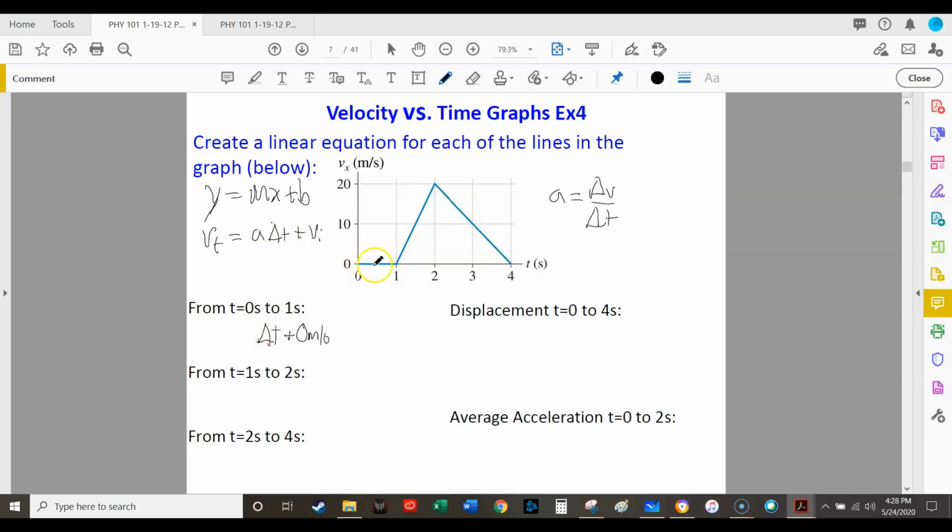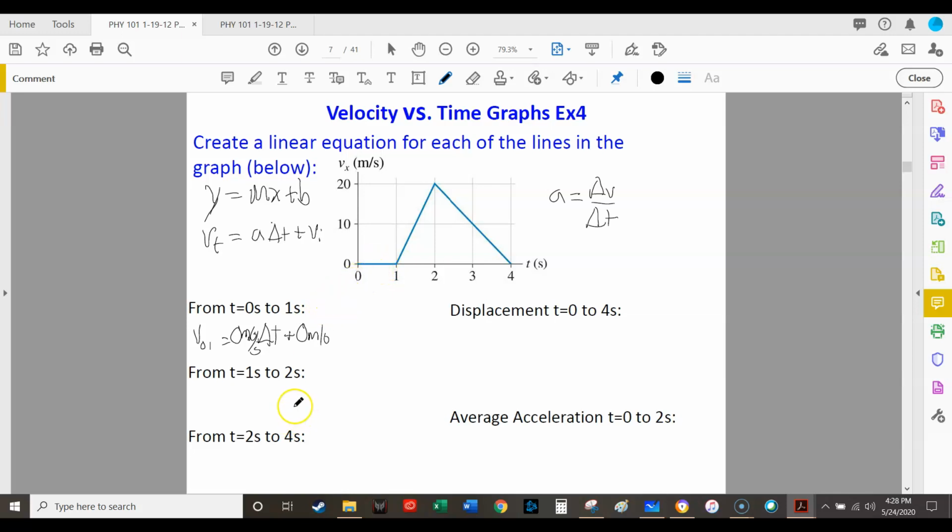Well, what is the slope here? It looks like it's 0. So that velocity is changing 0 meters per second every second. So this is the velocity from 0 to 1 seconds. That's the prediction equation, which is saying that no matter what time increment we choose here, it's going to predict our velocity to be 0, because it has no acceleration and no initial speed.